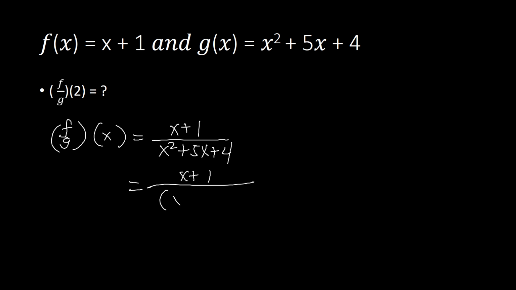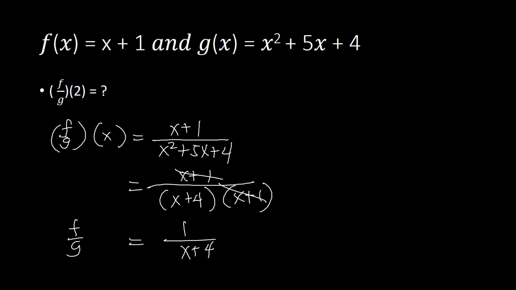And those factors are x plus 4 and x plus 1. So this will be canceled. So we are left with 1 over x plus 4. So this is not yet the final answer because we need to evaluate that one.